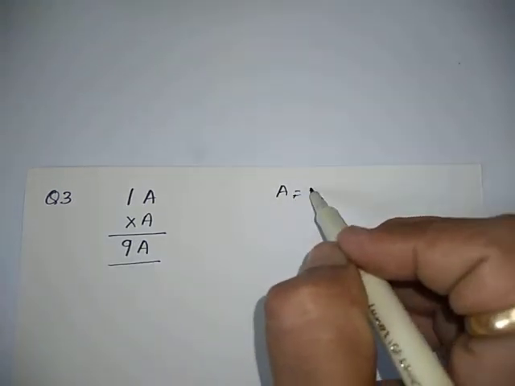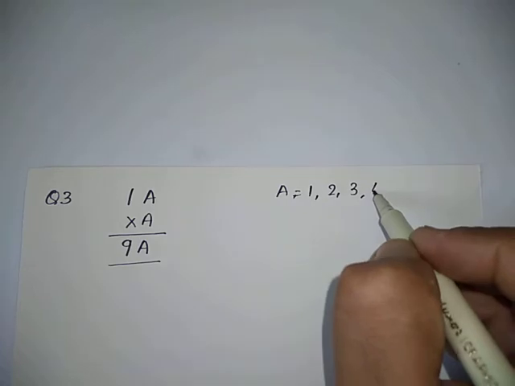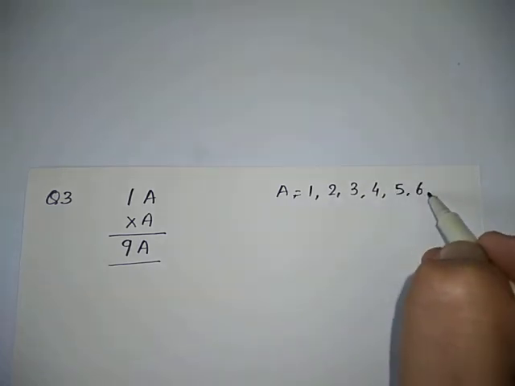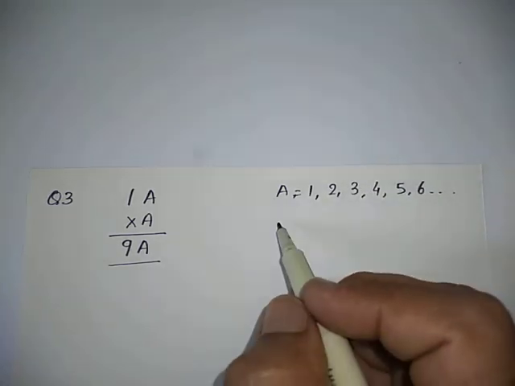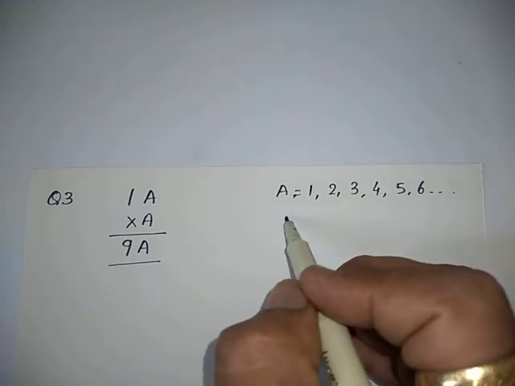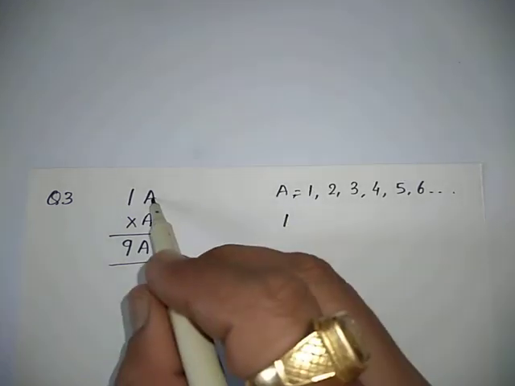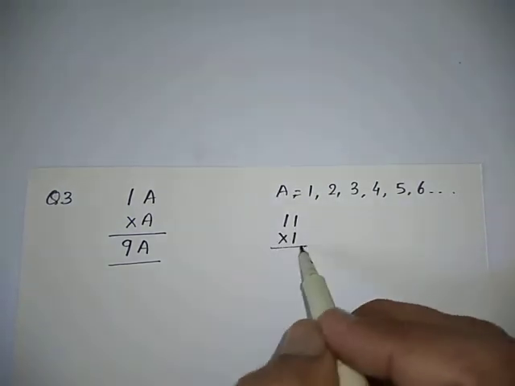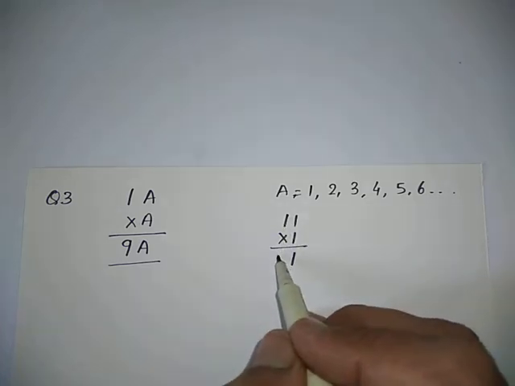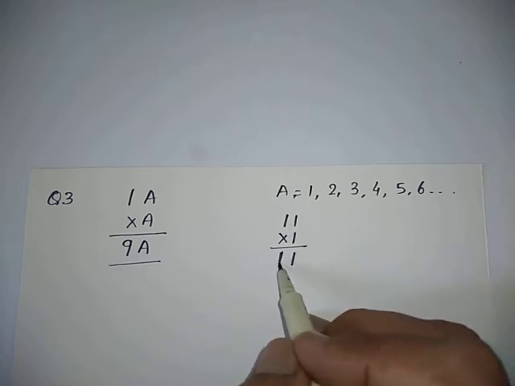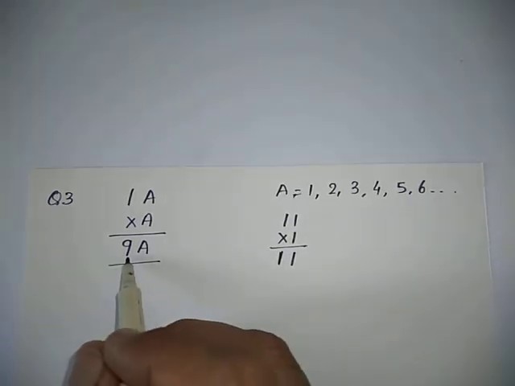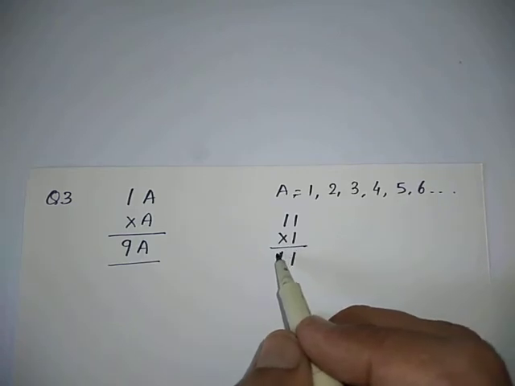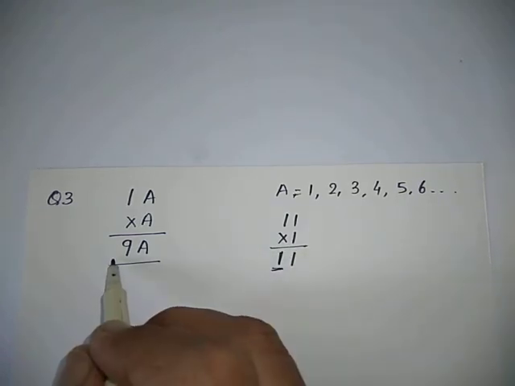So if I think that A is equal to 1, 2, 3, 4, 5, 6 and so on, let's begin with that. If I take A is equal to 1, so I have to take 11, 1 ones are 1, 1 ones are 1. But here it is given 9. We require 9 also. So it is not possible.